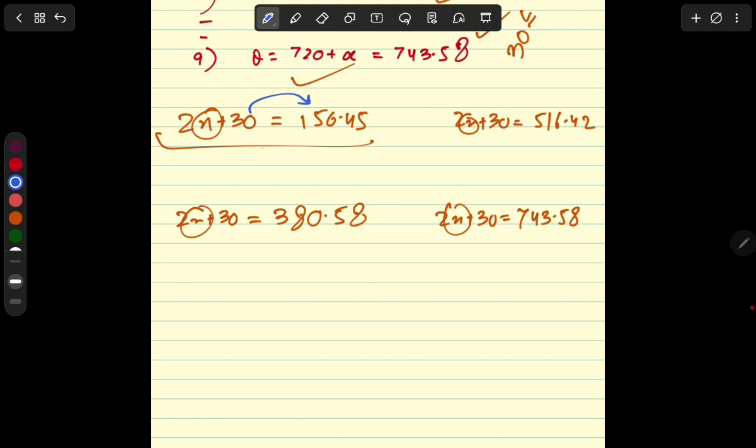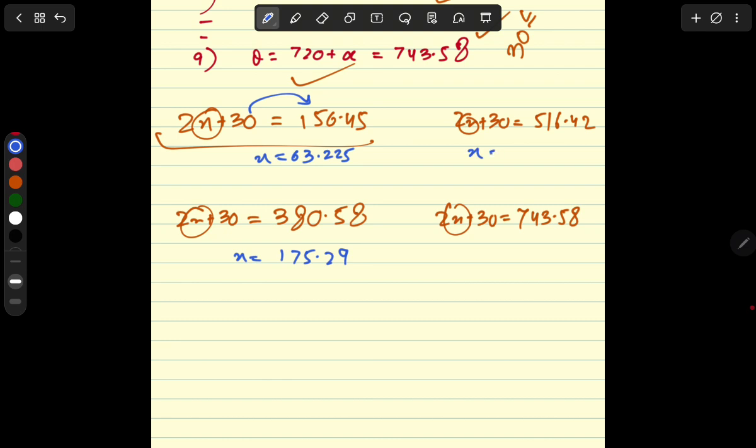This is 126 divided by 2, so 63.225 is going to be x here. This is going to be 350 upon 2, which is 175.2829 approximately.